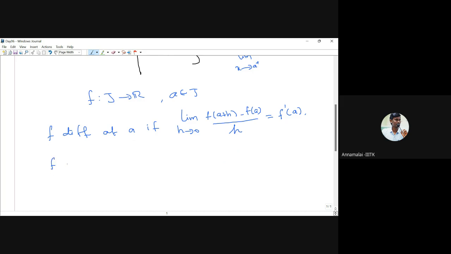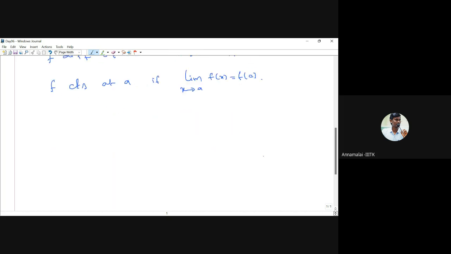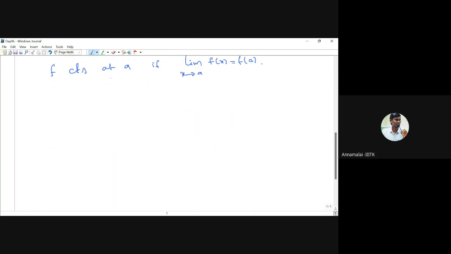We say f is continuous at a point a if the limit as x goes to a of f of x equals f of a. And we say f is continuous at the point a. Okay, similarly we can discuss all this for functions of two variables.